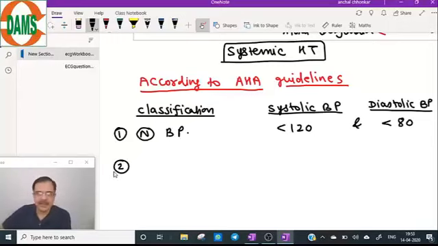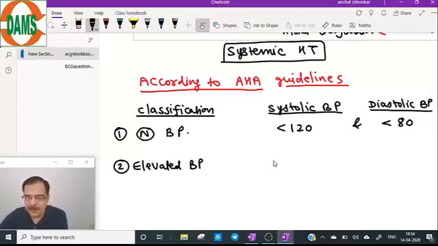Now come to classification number 2, elevated blood pressure. For elevated BP, the systolic BP is between 120 to 129 and diastolic is less than 80.